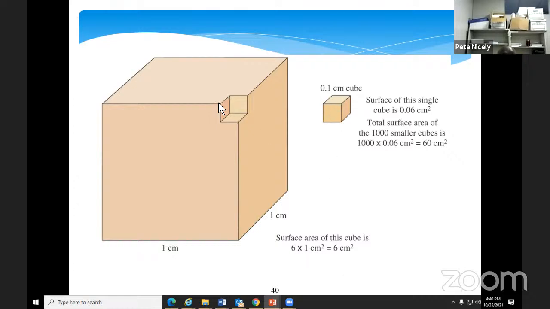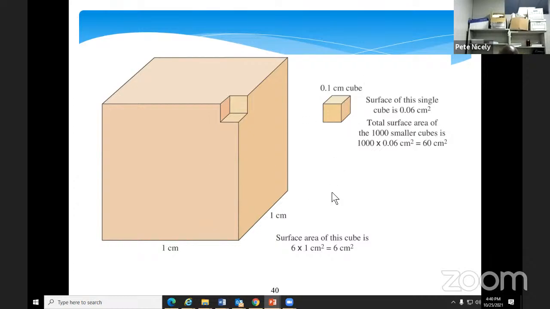Now, if you break this up into smaller blocks where each edge is 0.1 centimeters, then this will be broken up into 1,000 smaller cubes of this same size, right?